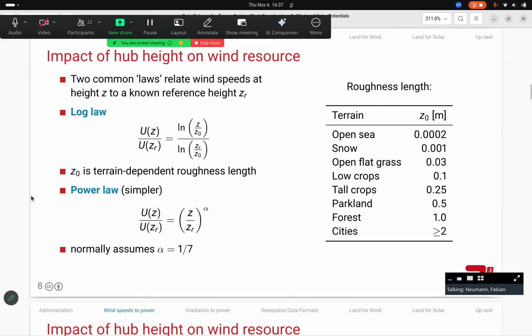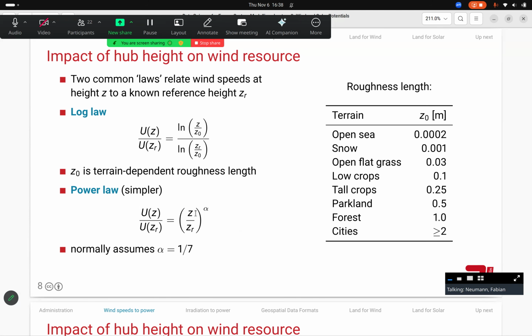There's also a simpler law that doesn't take into account any specific roughness, but just an average. You take the relation of the wind speeds at hub height and measured height, relate it to the relation of z to zr, with some exponent, and typically that's 1/7.